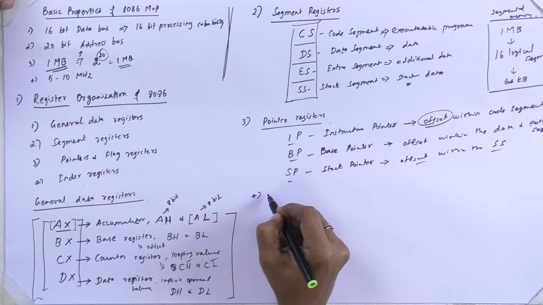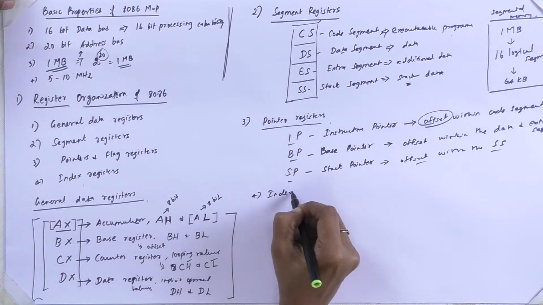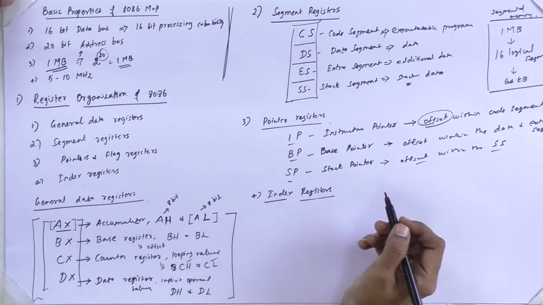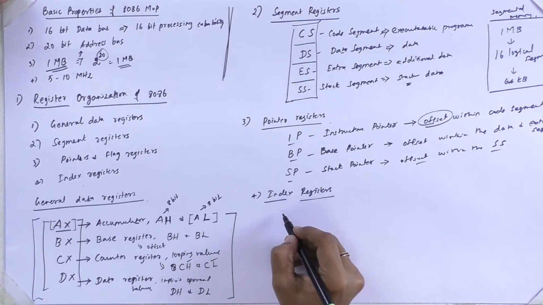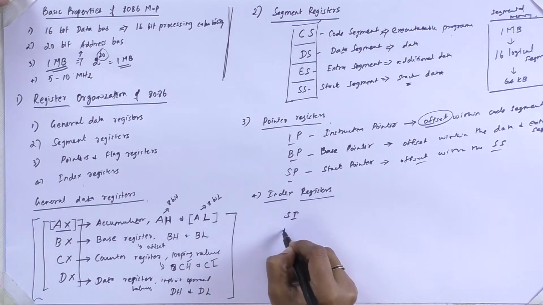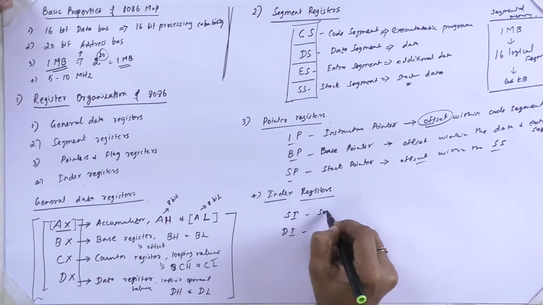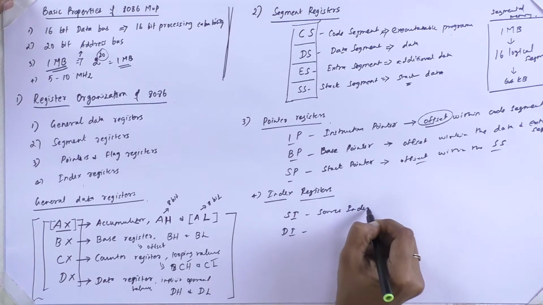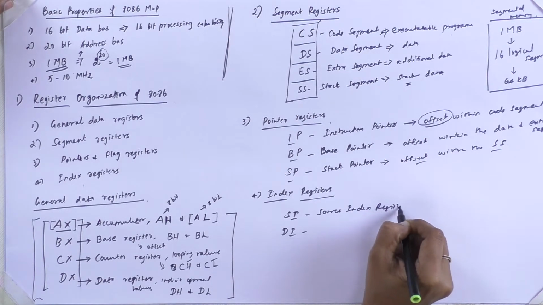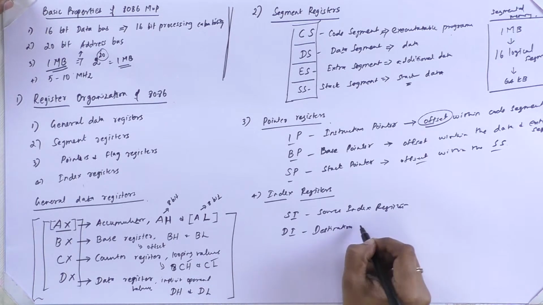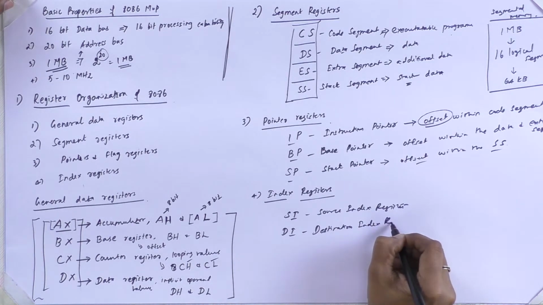Next we will discuss index registers. The two types of index registers are SI and DI. SI is the source index register, and DI refers to the destination index register.